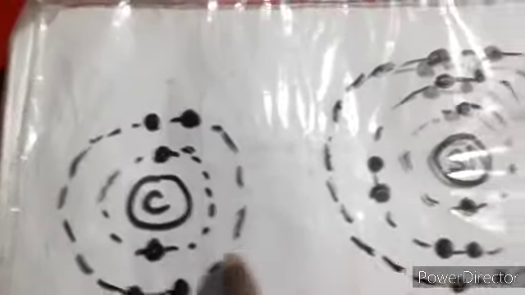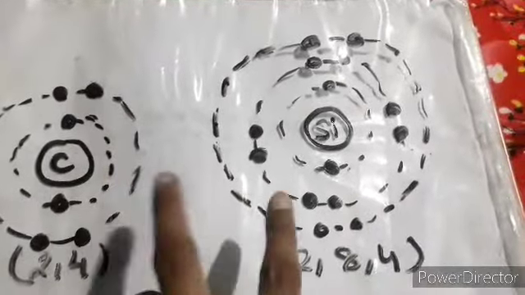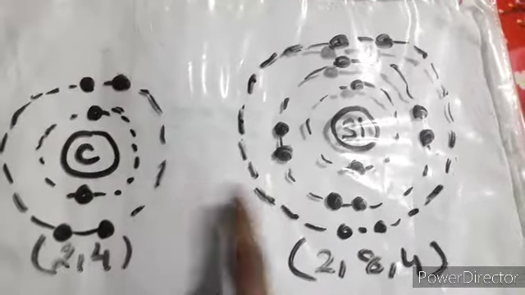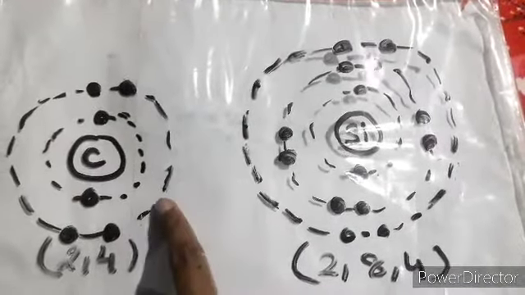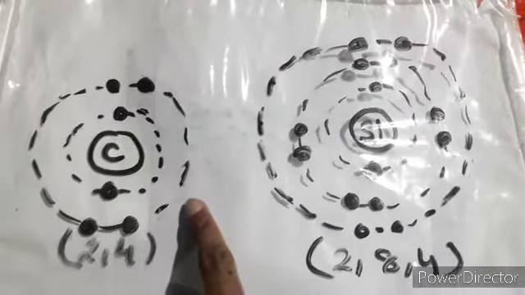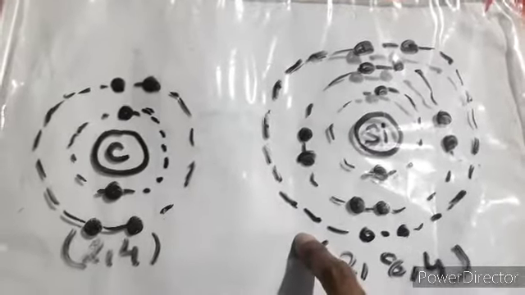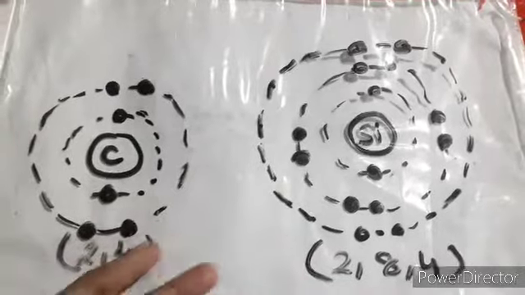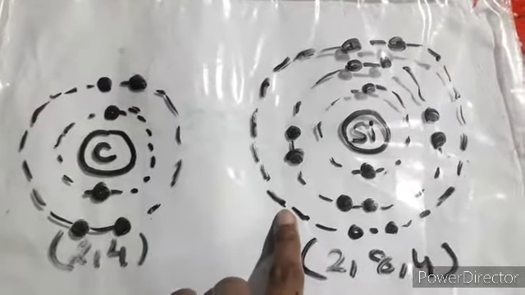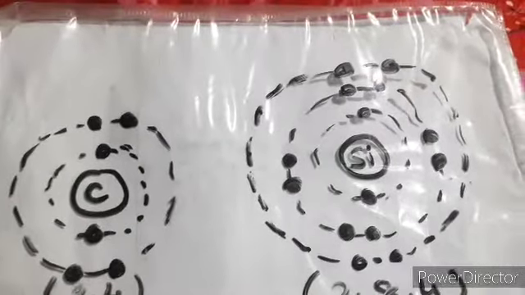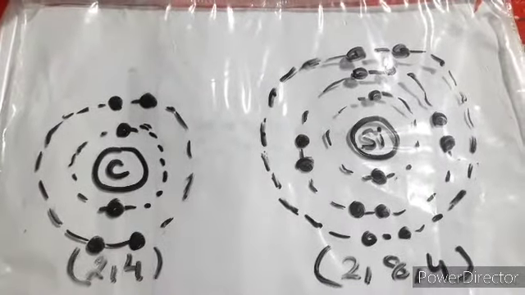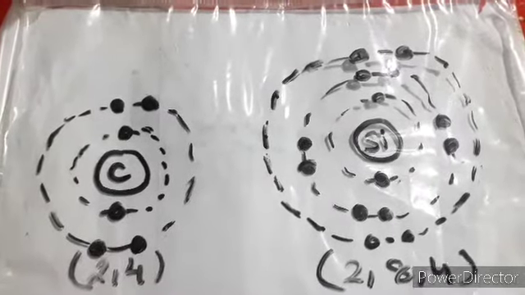Considering these two atoms, carbon has more non-metallic character in comparison to silicon. So carbon is more non-metallic than silicon. This was the first concept, explaining non-metallic character in a group in terms of atomic size.